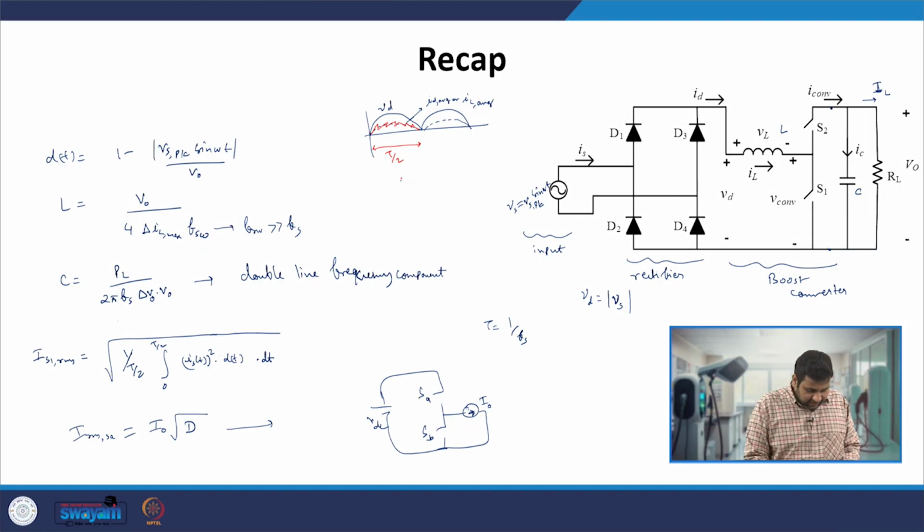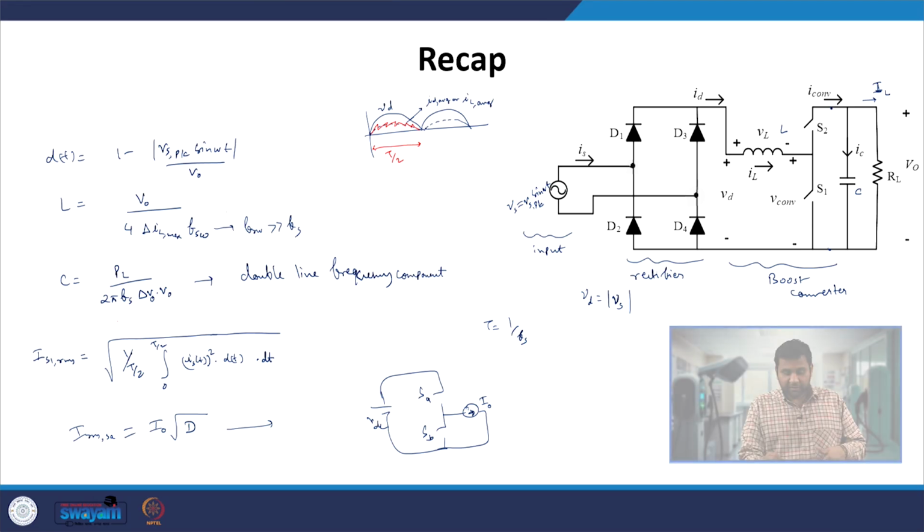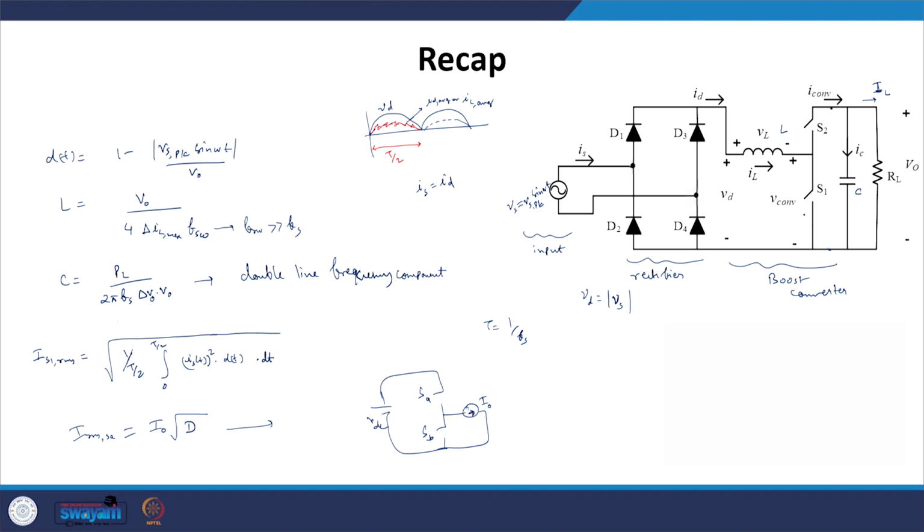So since the operation of the circuit will repeat itself after every T by 2 period, we have taken 1 by T by 2, going from 0 to T by 2, of Is square. Whenever in the positive half cycle D1 and D4 are forward biased, Is is equal to Id. So the same Is will be flowing through Id, and the same Id will be flowing through the switch S1.